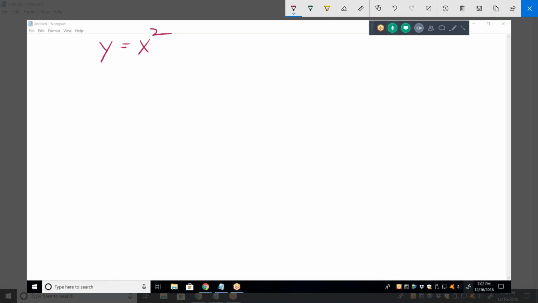So the first is y is equal to negative 3 over 5 times x minus 11 squared plus 21.